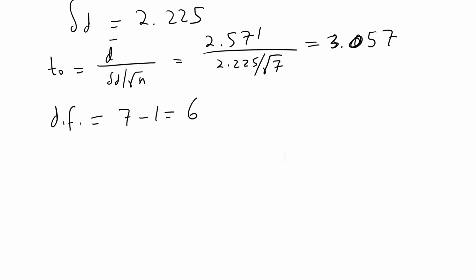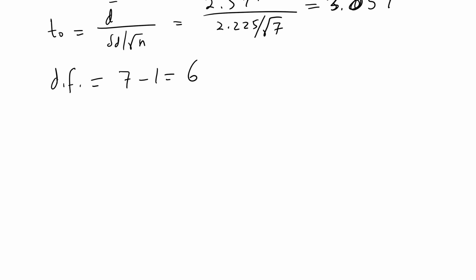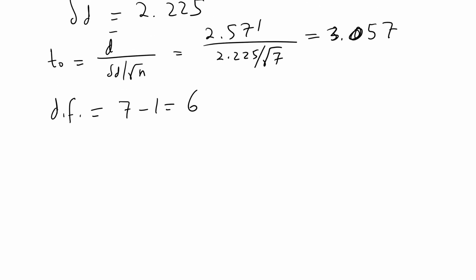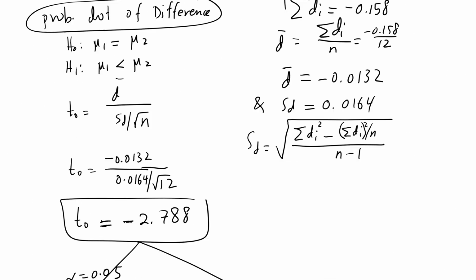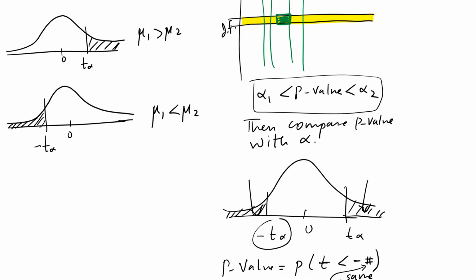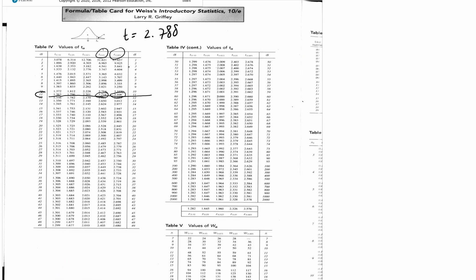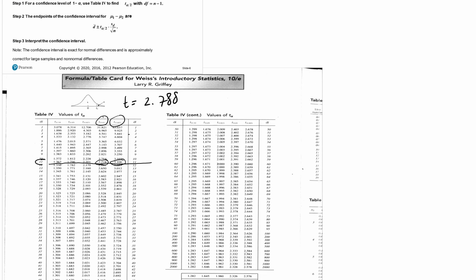And we need this value and the table. So we are going to go to table 4, keeping this number in mind, 3.057, and the degrees of freedom. Okay, let's erase everything we have.